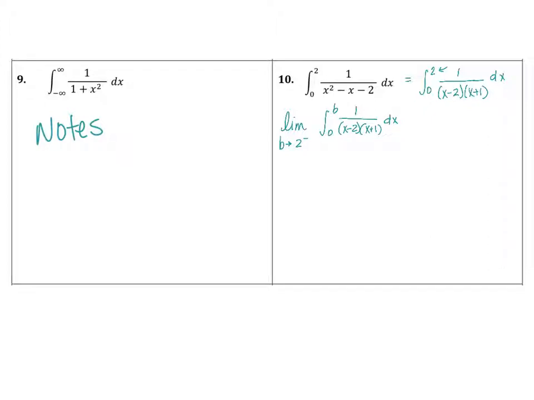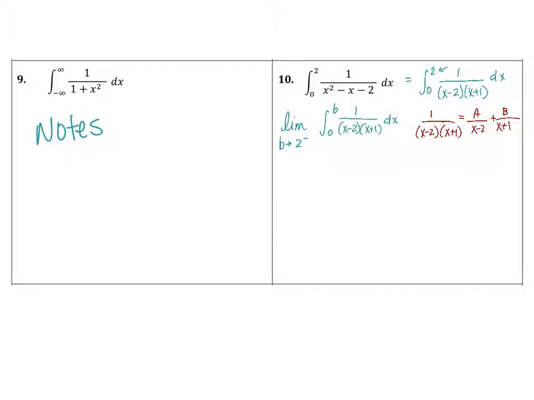Now, to integrate this, I've got to come over here to the side and do some partial fractions. So over here, I've got 1 over x minus 2 times x plus 1, and that's got to be something over x minus 2 plus something over x plus 1.